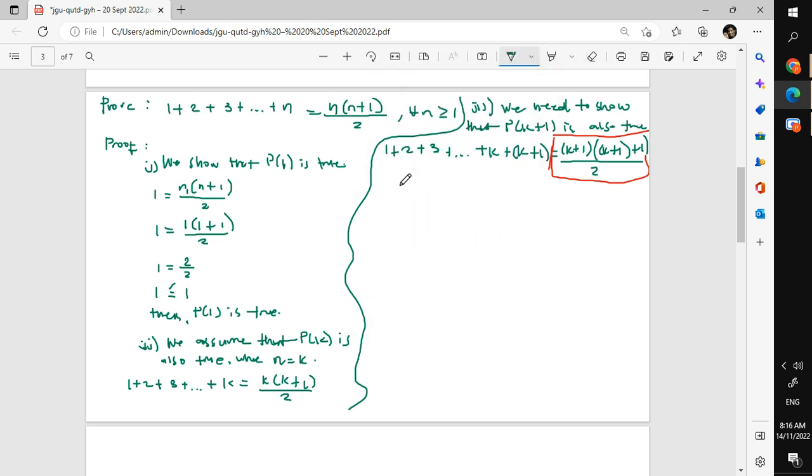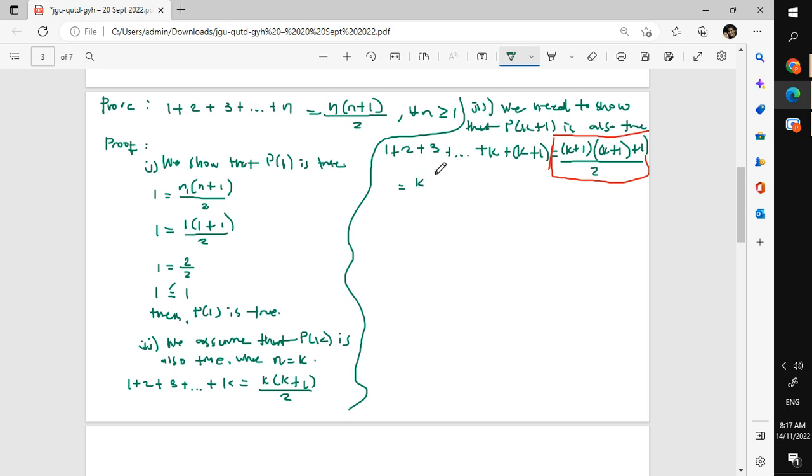I will be using the equal symbol. We know that 1 plus 2 plus 3 plus dot dot dot plus k is just equal to k times k plus 1 all over 2. So we no longer have to write the left side of the equation.